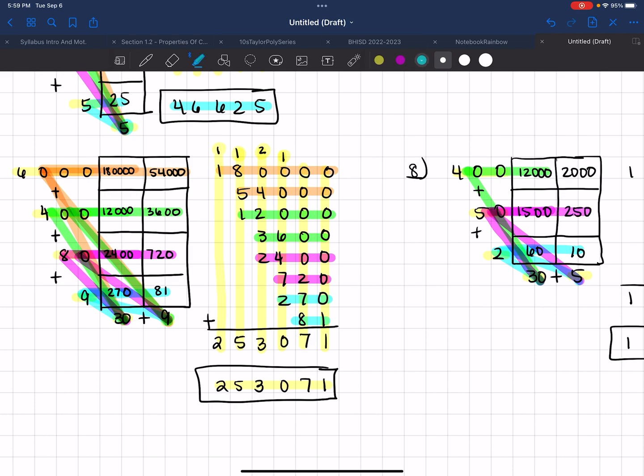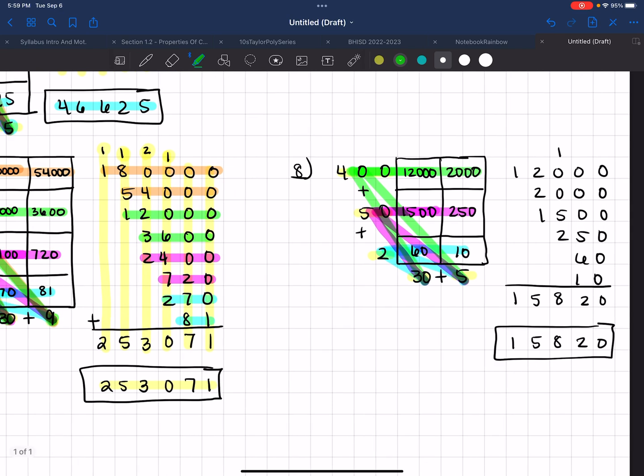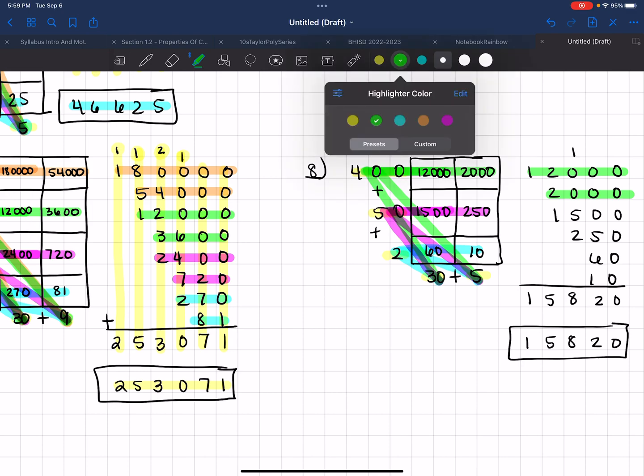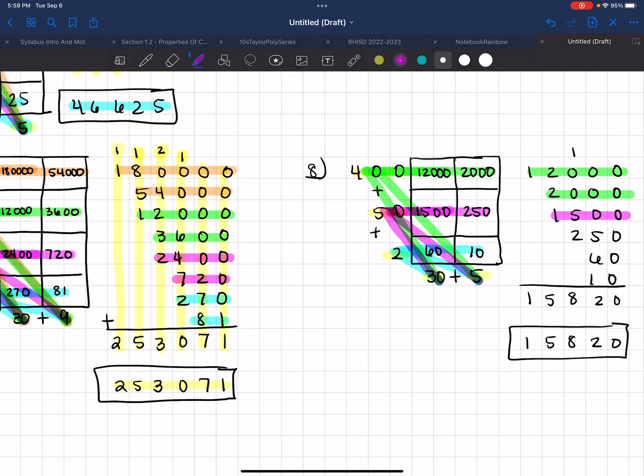And then last but not least, I'm going to say 5 times 400, and that's going to give me 2,000. Now I add up all the things in the box. So I have 12,000, 2,000, plus 1,500, 250, plus 60, plus 10.